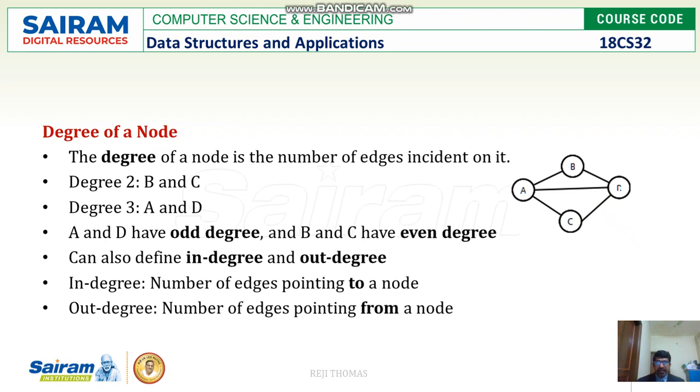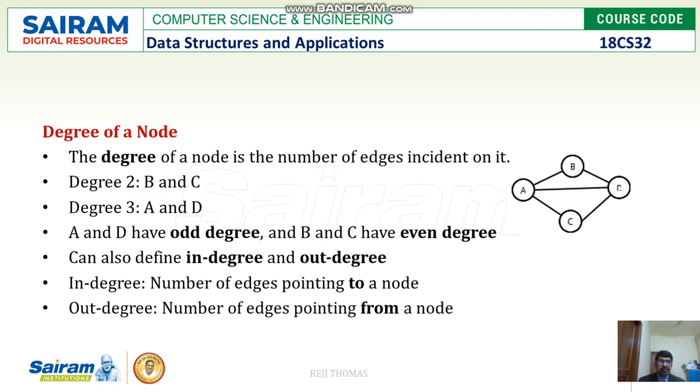So next is the degree of a node. Degree is the number of edges incident on it. If you look at the diagram, you can find B. At B, there are two edges incident on it. So we can say that the degree of B is 2, and even C has degree 2.